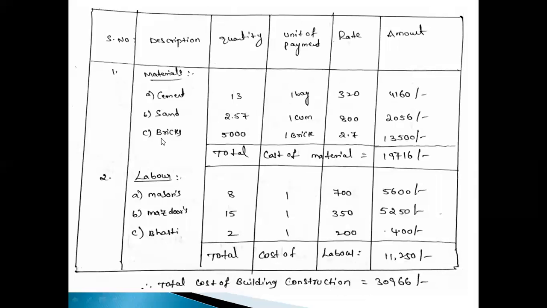So draw the table with serial number, description, quantity, unit of payment, rate, amount. First one, serial number 1, materials. We find the materials: cement, sand, bricks. We find cement requirement, sand requirement, brick requirement. So first of all, quantity.